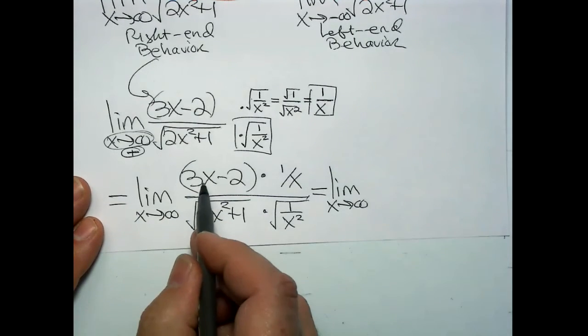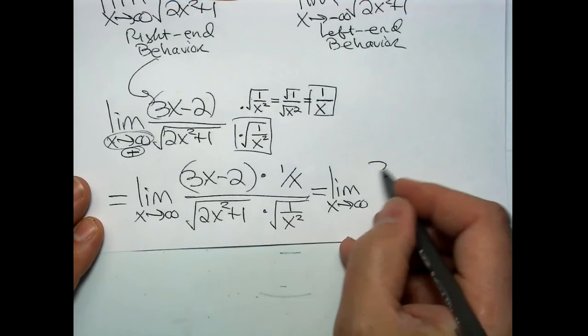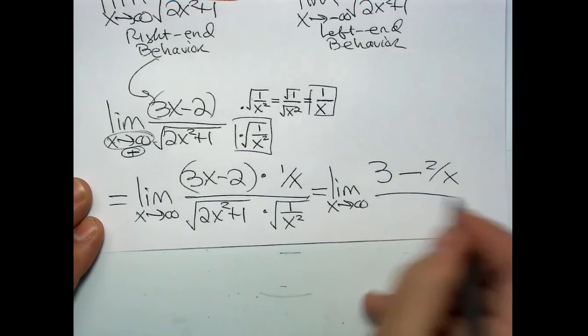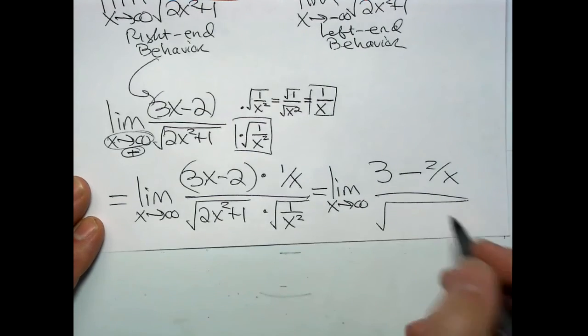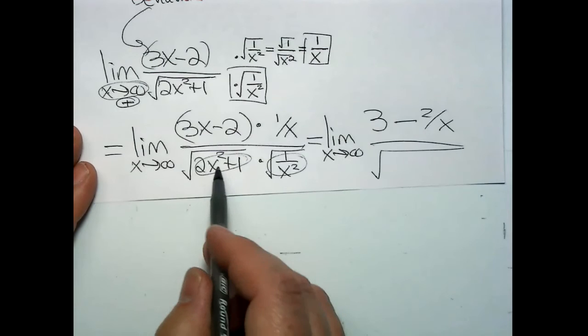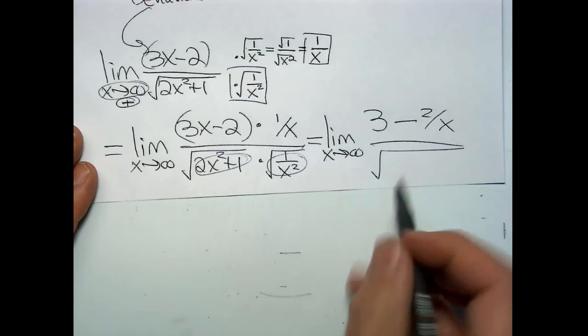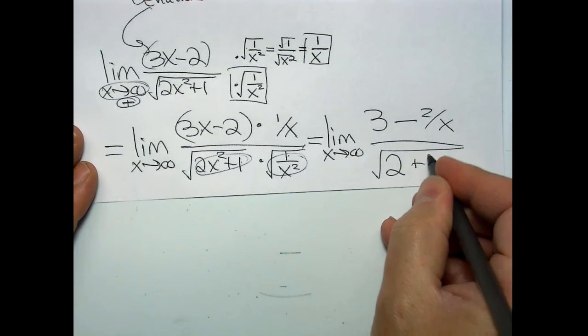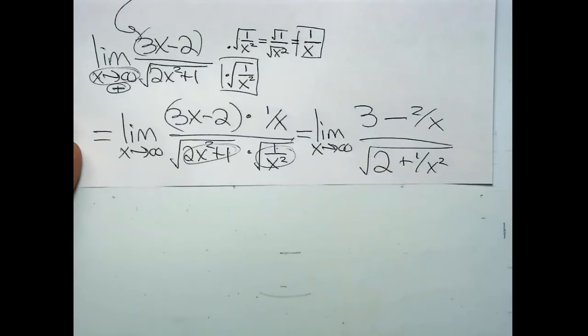Let's find out. 3x over x is 3, and 2 over x. That's what I get on top. Now, you know the two radicals will go together into one big radical, so we can actually multiply just these two together inside the radical. 2x squared over x squared is 2, and then 1 over x squared is what's inside. Let's see what we got.